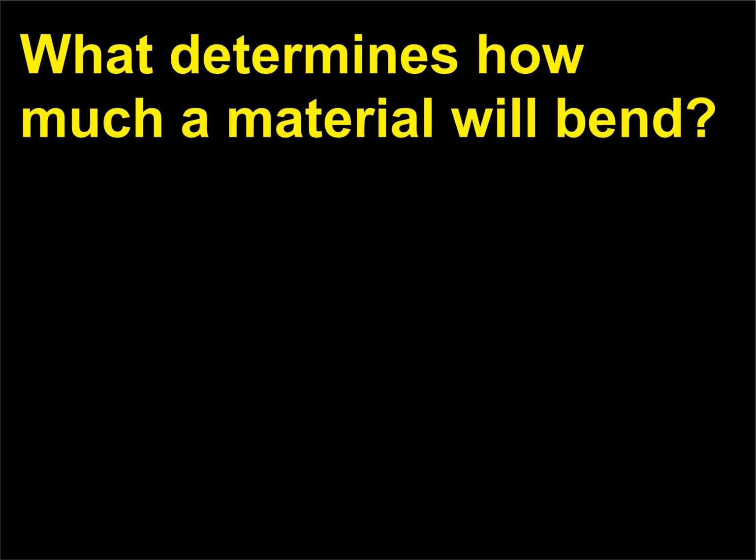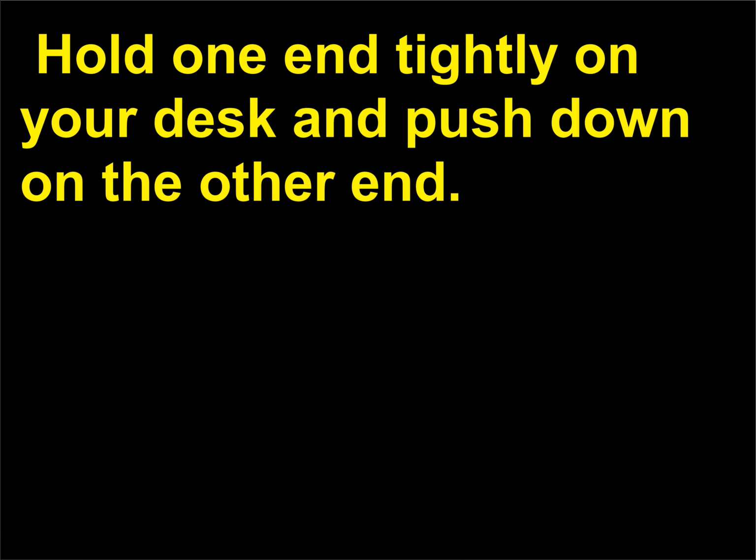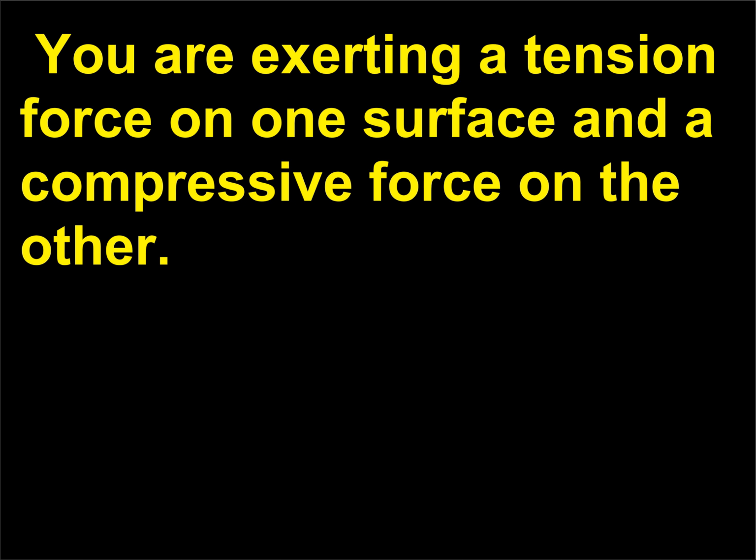What determines how much a material will bend? Try to bend a ruler. Hold one end tightly on your desk and push down on the other end. You are exerting a tension force on one surface and a compressive force on the other.